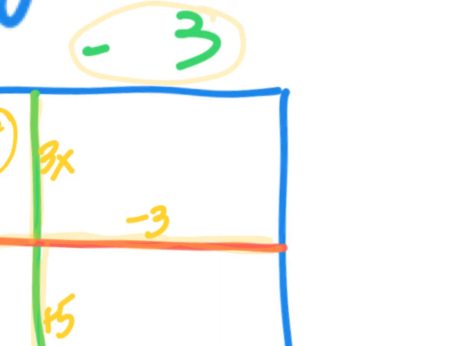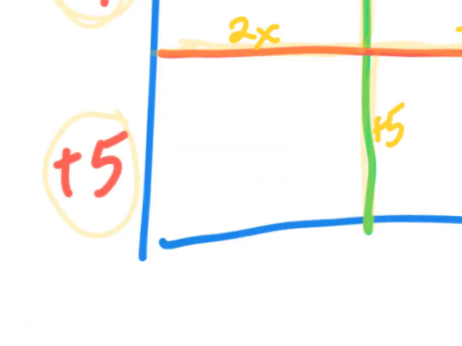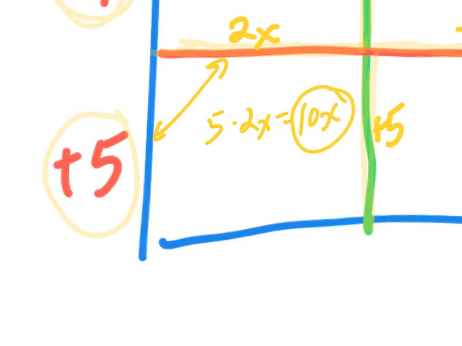I see that I'm multiplying 3x times negative 3, and so that's going to be negative 9x, and that's the product of my second box. Okay, let's try this box out, right? I see that my length and my width are 5 and 2x, so I'm doing 5 times 2x, which is 10x, and that's the product of my third box.